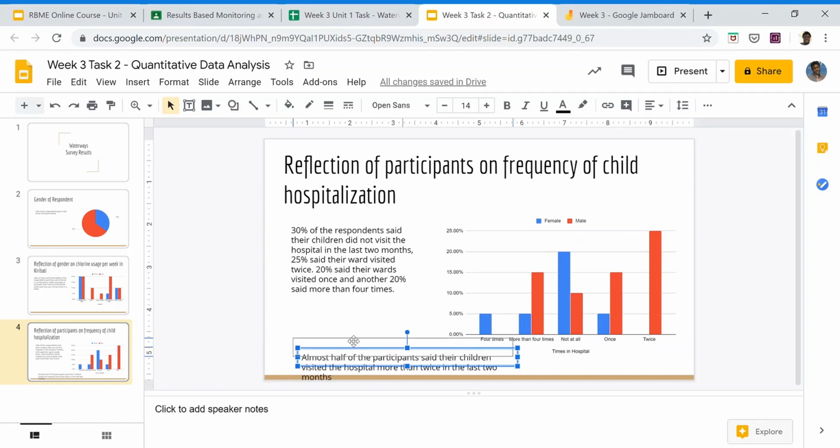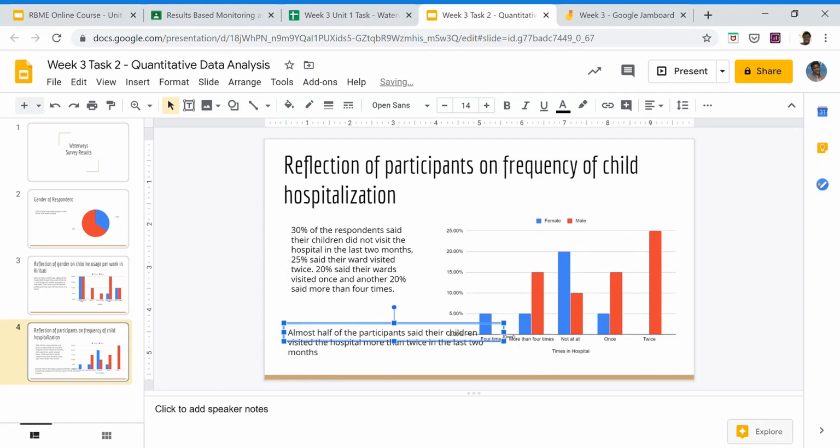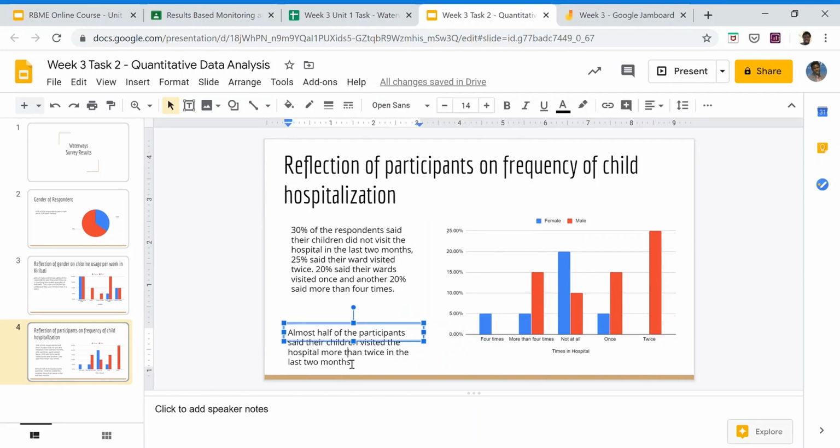So this is another way to write it actually. Wow, 30%. Said their wards never visited within the same period.